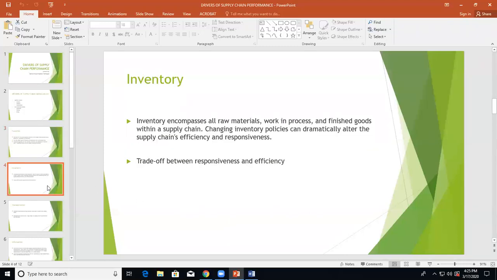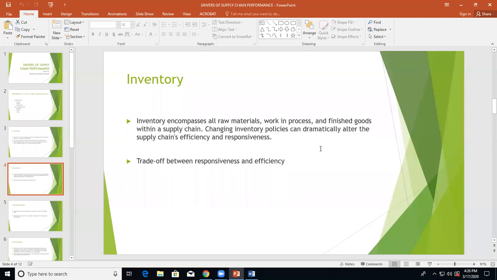Second driver is the inventory. Inventory encompasses all raw material, work in process, and finished goods within the supply chain. Changing inventory policies can dramatically alter supply chain efficiency and responsiveness. Inventory is our asset, so it means we have invested a good amount in the inventory.